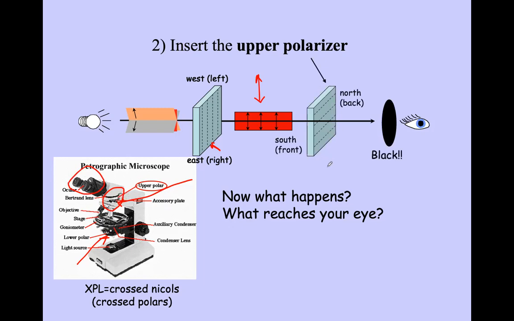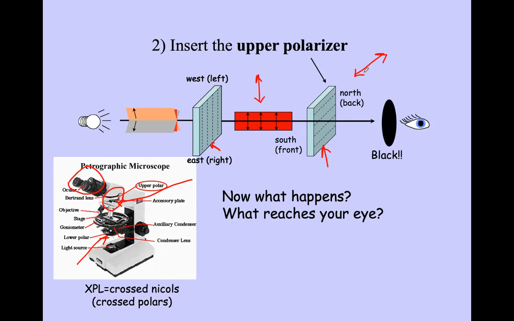Then we'll see what happens if we enter the second polarizer, the upper polarizer. This upper polarizer is manufactured in such a way that its vibration direction is perpendicular to the lower polarizer. We had the lower polarizer vibration direction as east-west. The upper polarizer will have a vibration direction 90 degrees different, that means north-south.